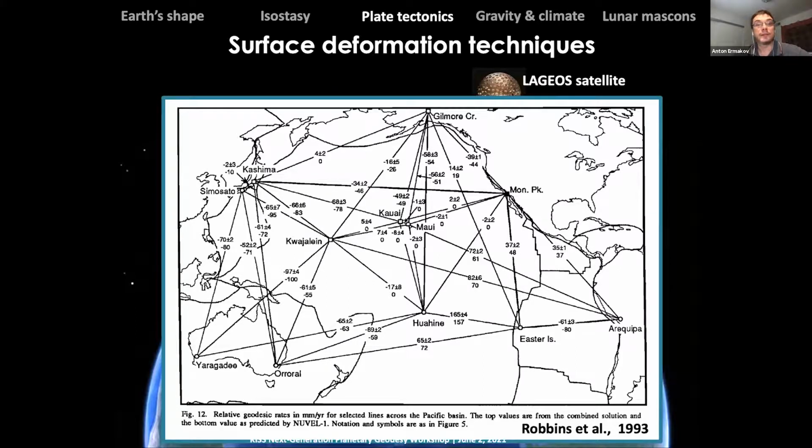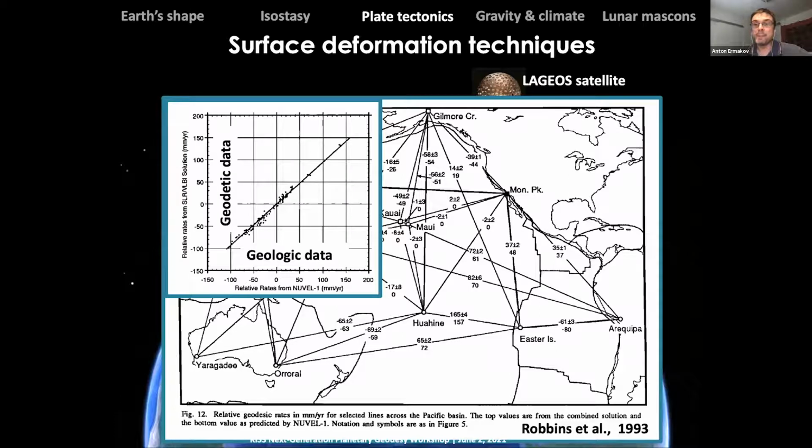And this figure compares the predictions of plate velocities from geologic data on the x-axis to the geodetic data on the y-axis. And you can see that geodetic measurements revealed that the plate tectonic motions measured over time scales of decades match to a high level of correlation with the plate velocities inferred from geologic records such as magnetic stripes.